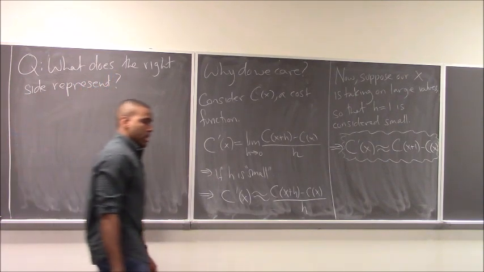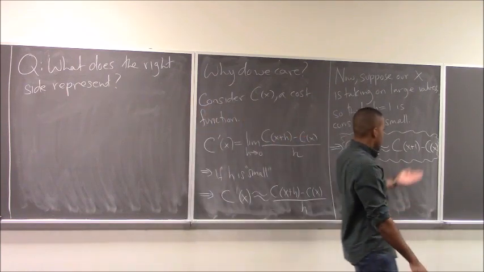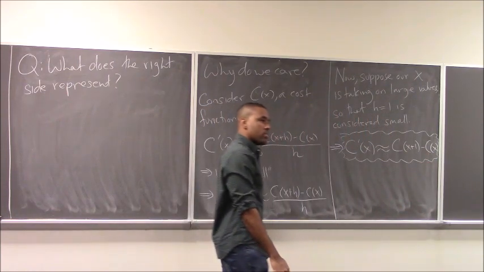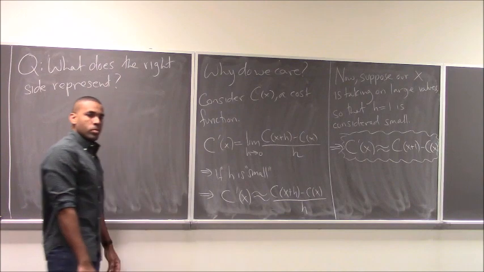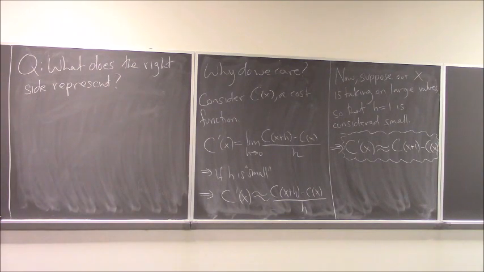What does the right side of this quantity represent? When you see this expression, c of x plus 1 minus c of x, what does that mean? How would you interpret that?